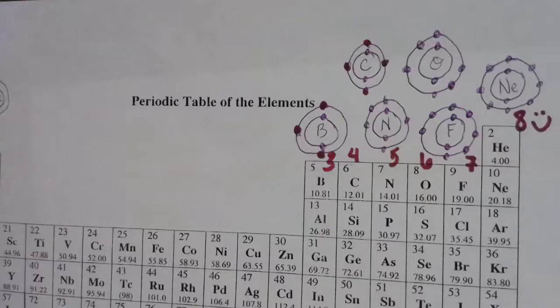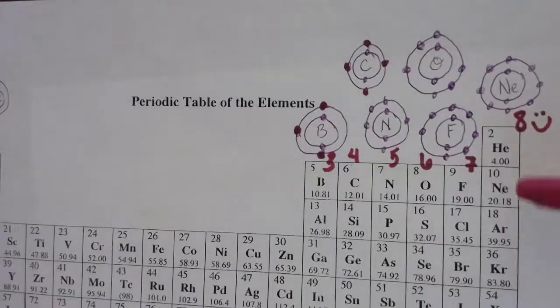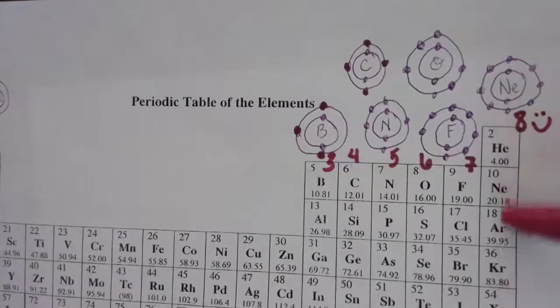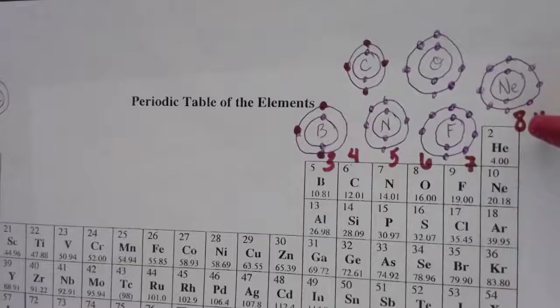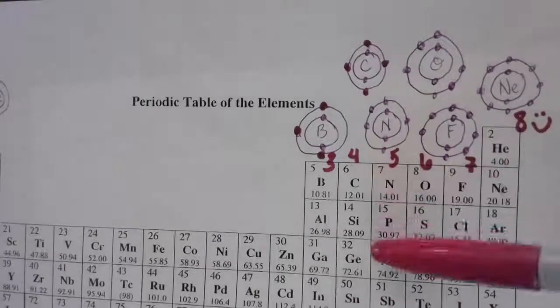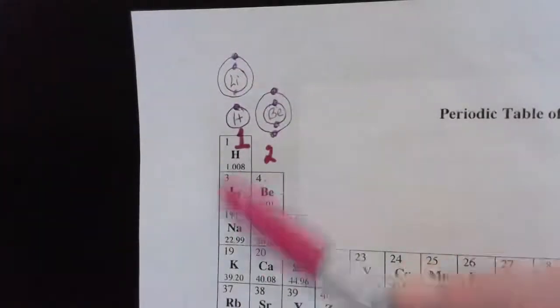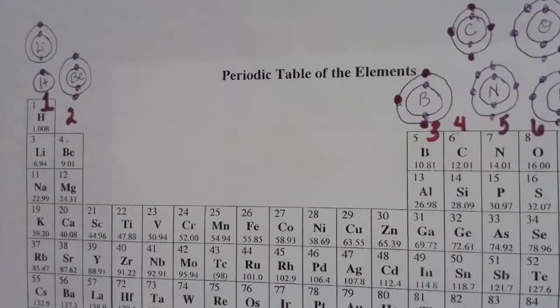And what you will see if you draw argon and krypton is that all of the valence electrons in this column will be 8. These are 7, 6, 5, 4, 3, 2, and 1. All of those are going to have 1.